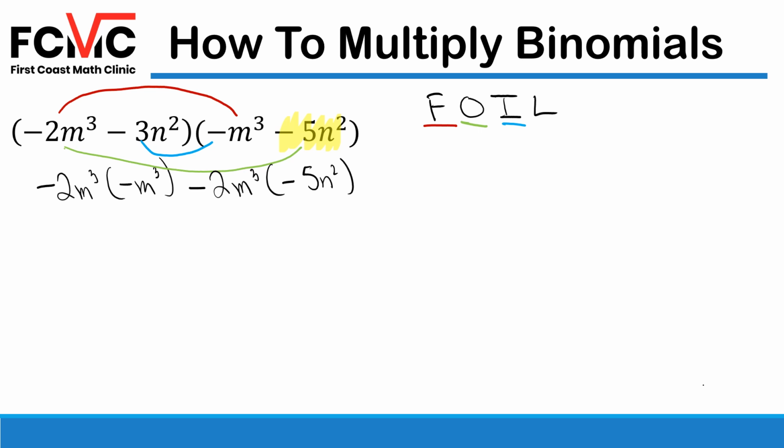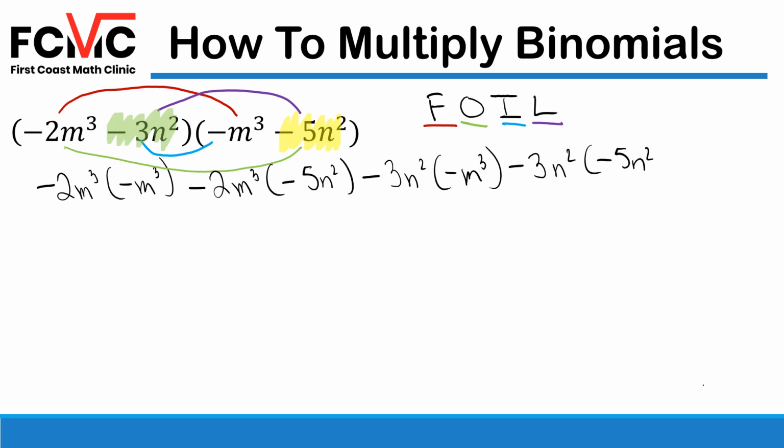So I'll write this like negative 3n to the second times negative m to the third. And then our last, and again, when we do this, we need to include the sign here. So we're including the signs for all these. We're going to have negative 3n to the second times negative 5n to the second.